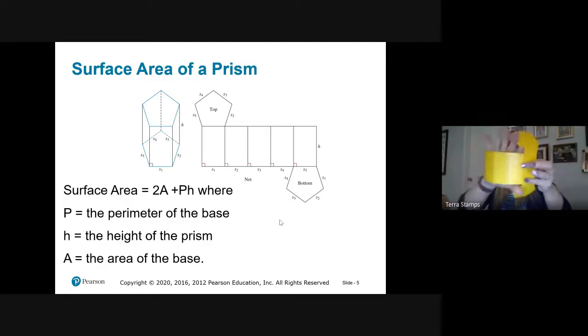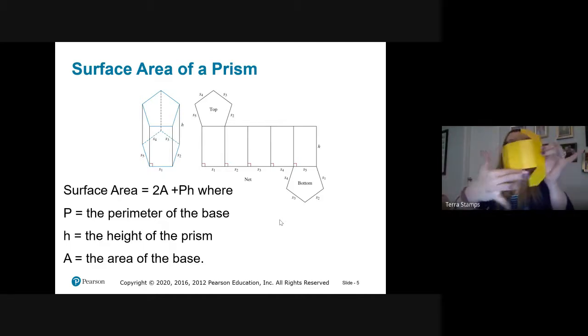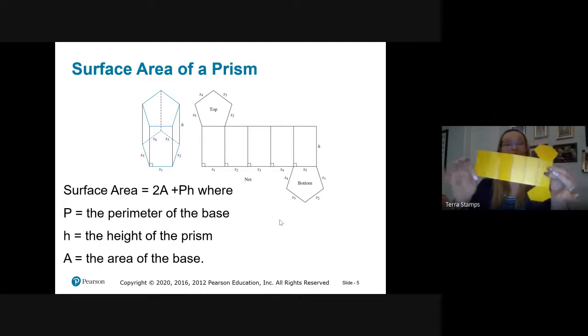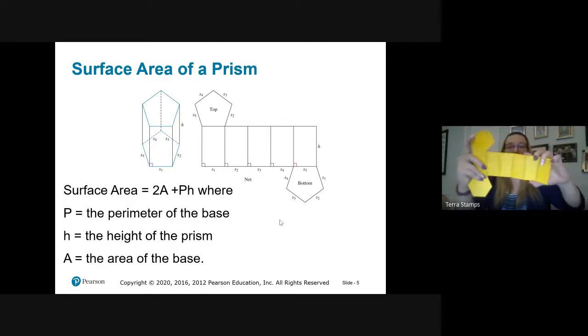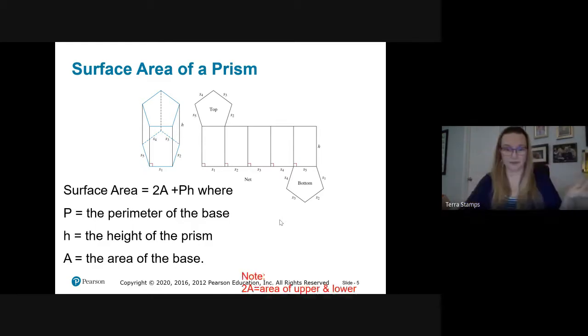If you open it up, you form one really long rectangle. The length of this long rectangle is the perimeter of the base. And then this is the height of the prism. So you can see if I fold it back up, this is the height of the prism. So that's where that formula comes from.